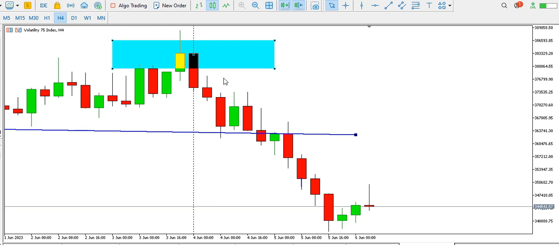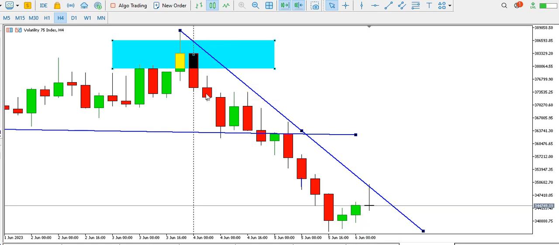Let's take a look at what we have on the 4-hour time frame. Price has formed a bearish trend as it continues to form lower highs and lower lows, and then we have a lower high around here. We'll be expecting a lower low in due course. So that's that for the 4-hour time frame. It's bearish.